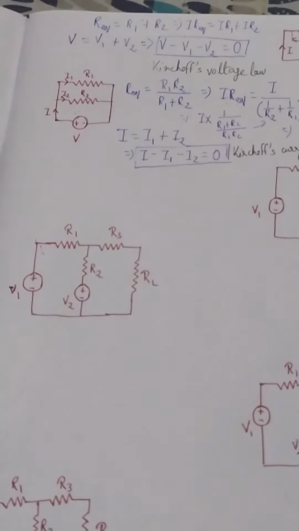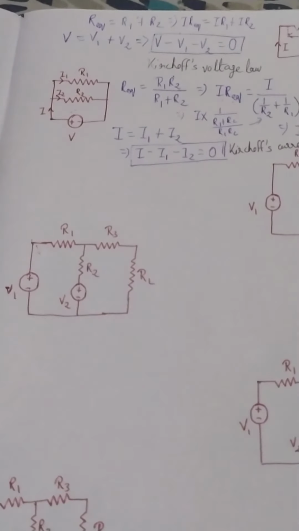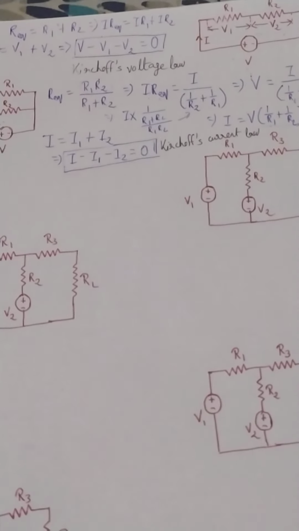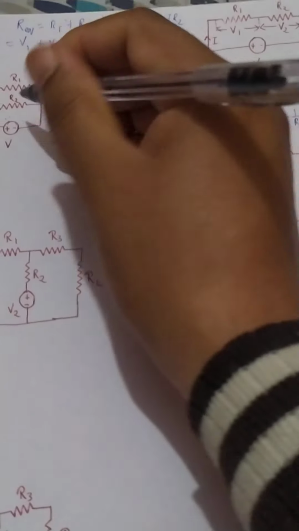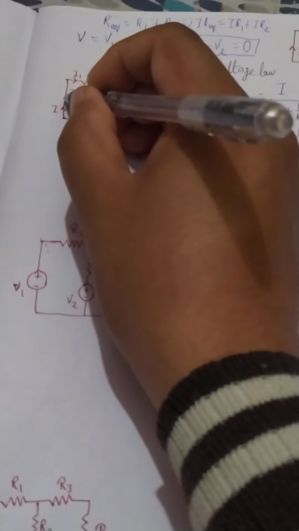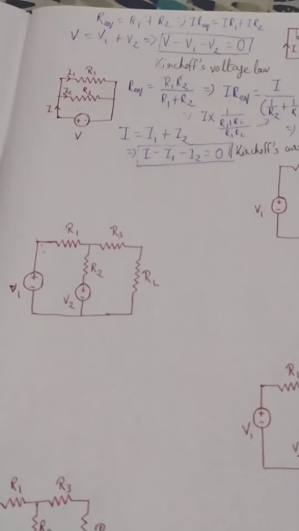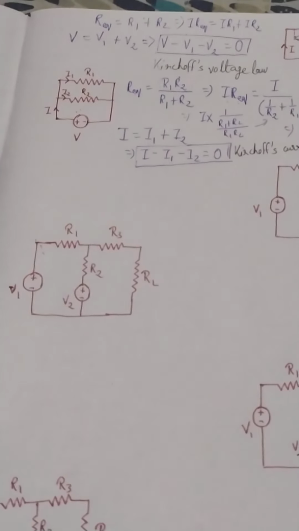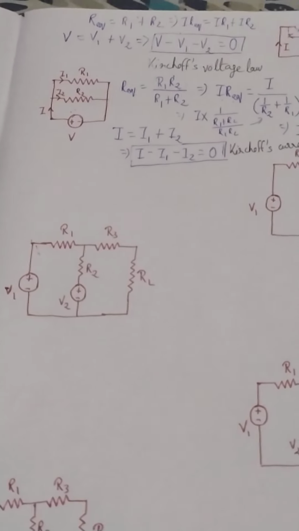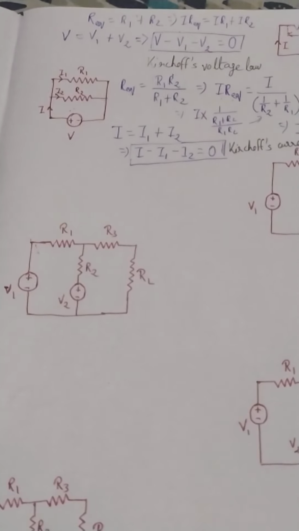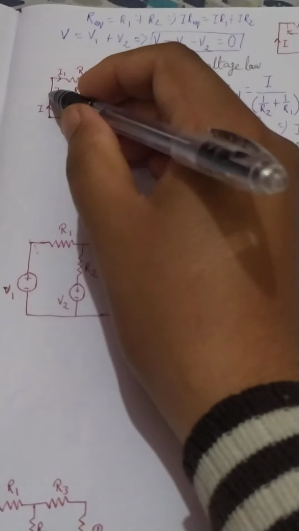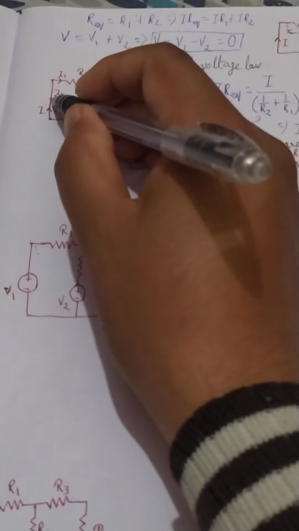So what is this saying? In the case of this particular node, a node is basically a point where more than two circuit components are connected. Here one voltage source and two resistors are connected, so this is a node.